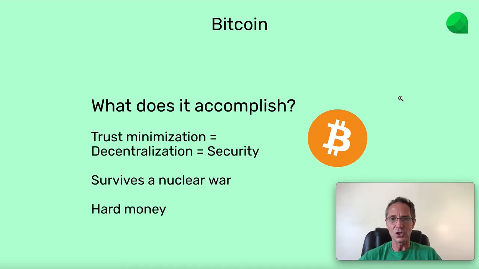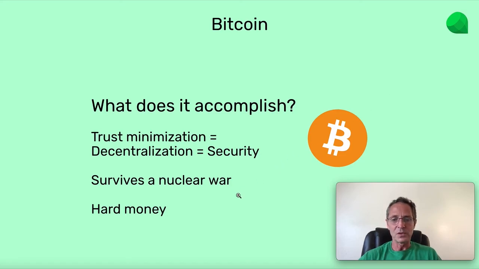It's not totally zero trust, because in a way you're trusting the 50 to 100,000 computers plus miners that your property is going to be there, but it's extremely minimized. And this trust minimization implies a lot of decentralization and a level of security that has never been accomplished before for systems of property such as Bitcoin and money in general.